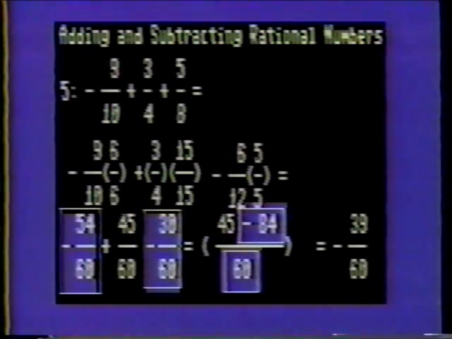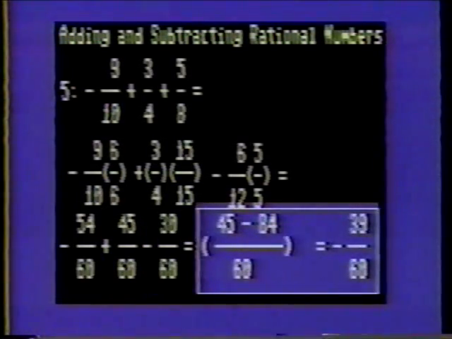First, let's combine the numbers with like signs. -54 over 60 minus 30 over 60 is -84 over 60. Now we have 45 minus 84 over 60. 45 minus 84 is negative 39.